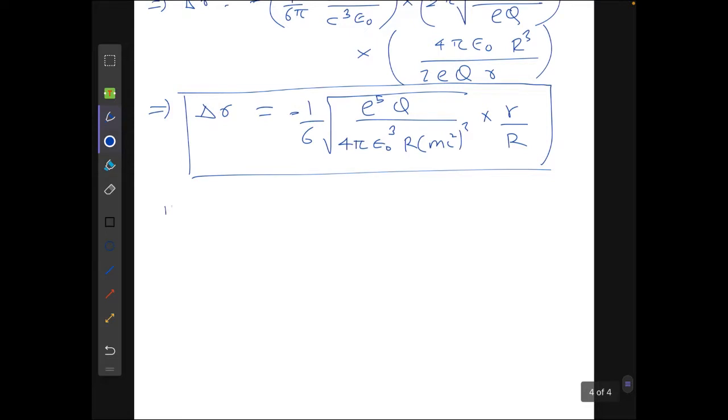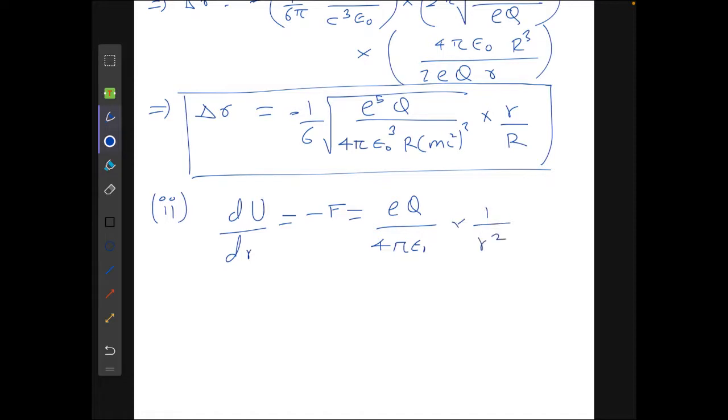So similarly, working out part 2, we get dU by dr to be minus F again, and this comes out to be eQ by 4 pi epsilon naught multiplied by 1 over r square. And similarly, dK by dr equals 1 by 2 times d by dr of r times F, a similar derivation as the previous part.